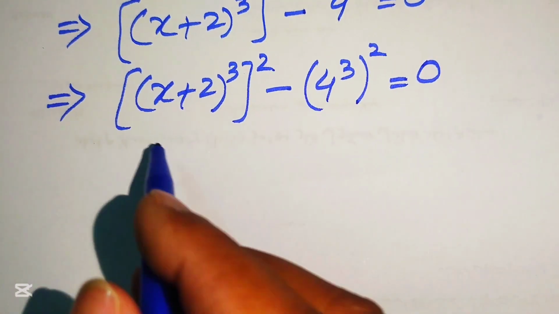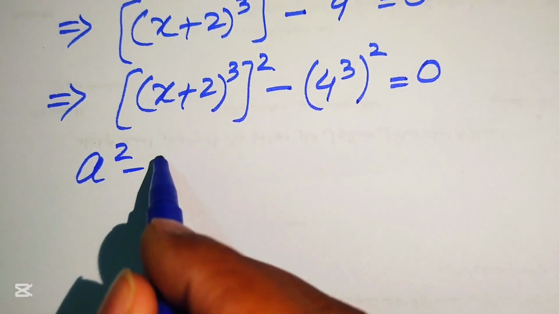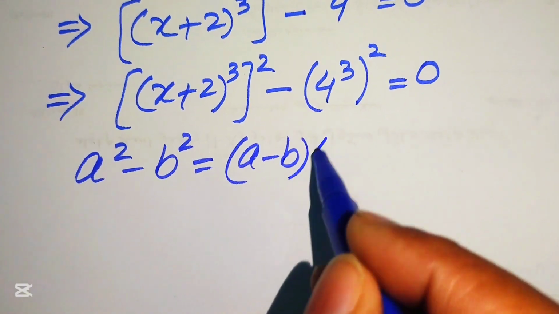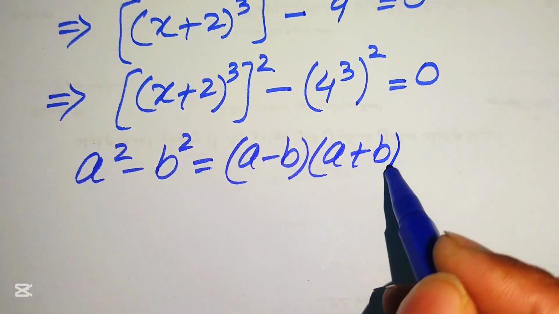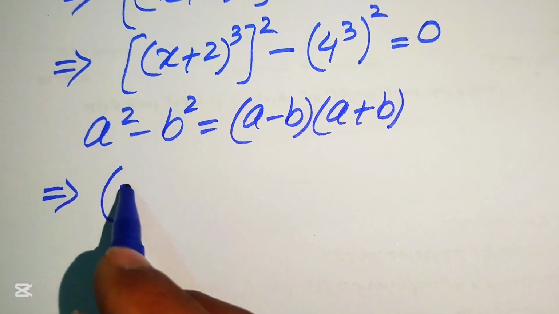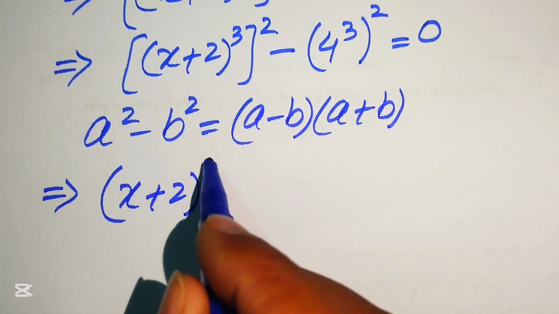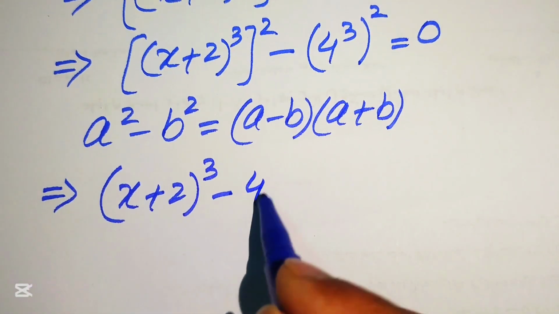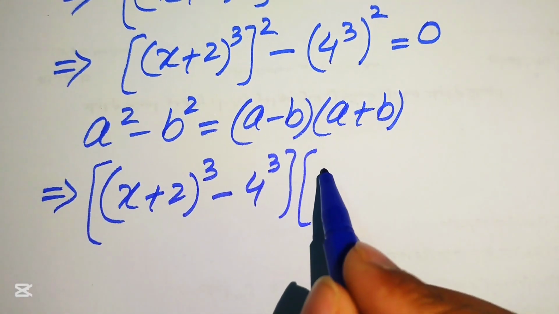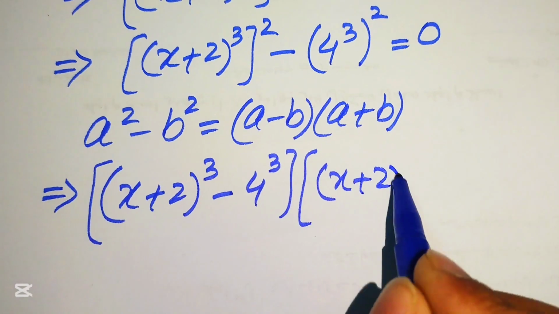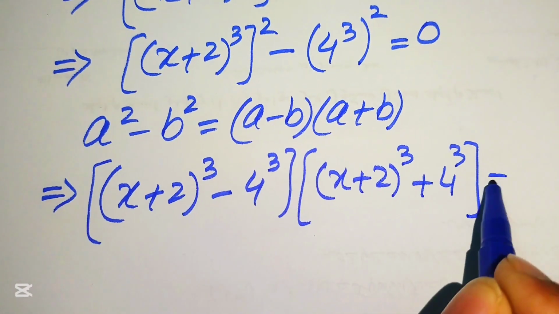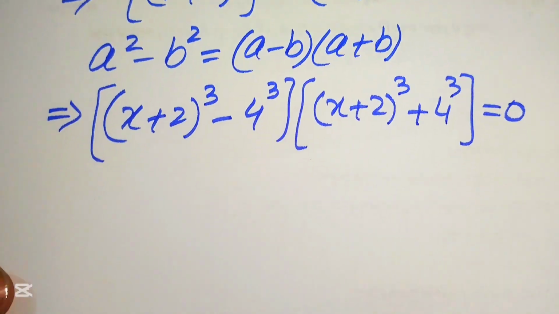Now we can apply a nice formula. You know that a squared minus b squared equals (a minus b) times (a plus b). So we can write our above equation in this form. Here our a is (x+2)^3 and b is 4^3, so we have ((x+2)^3 minus 4^3) times ((x+2)^3 plus 4^3) equals 0.